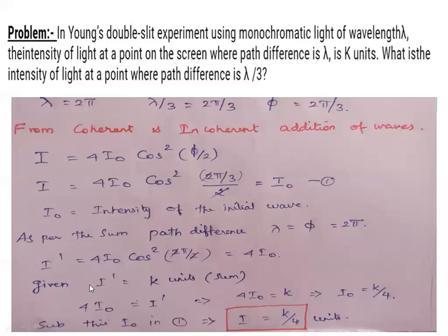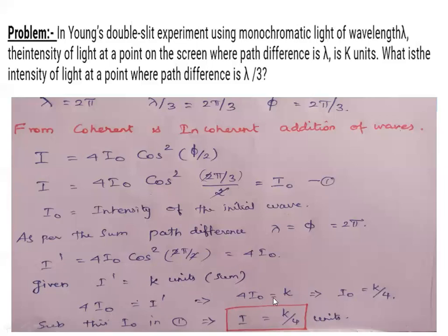So I dash is equal to k units as per the diagram. I naught is the intensity of the initial wave, and k units is given here. So 4 I naught is equal to I dash, and that is what I have written here. We know I dash is k units as per the numeric, so instead of I dash I am writing k.